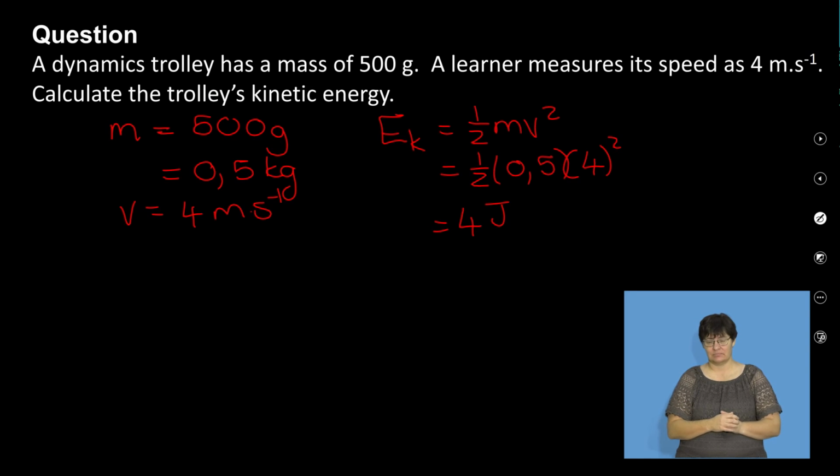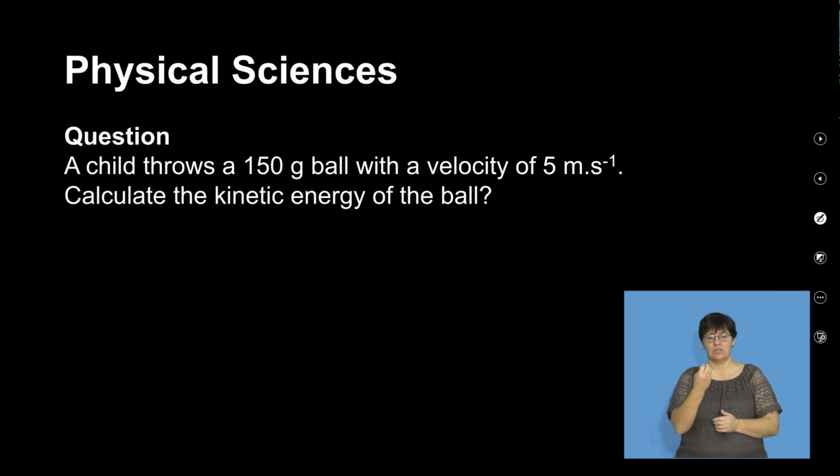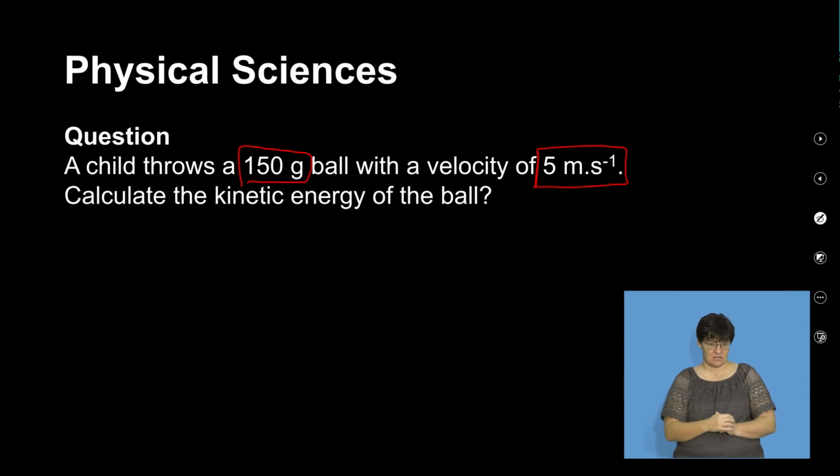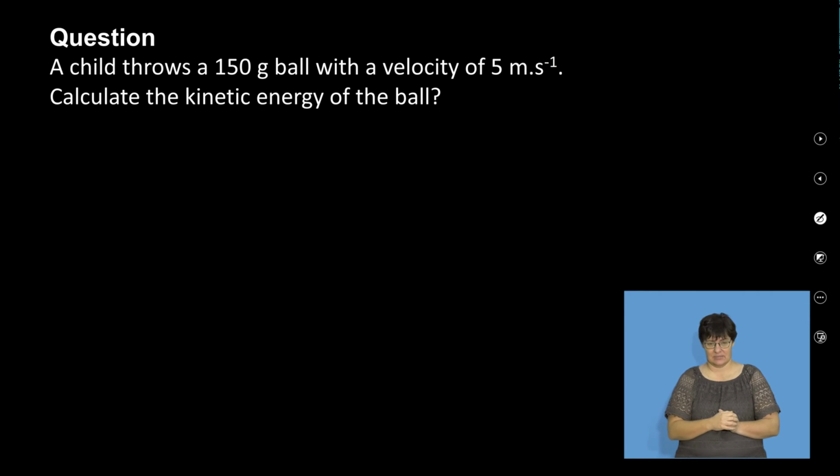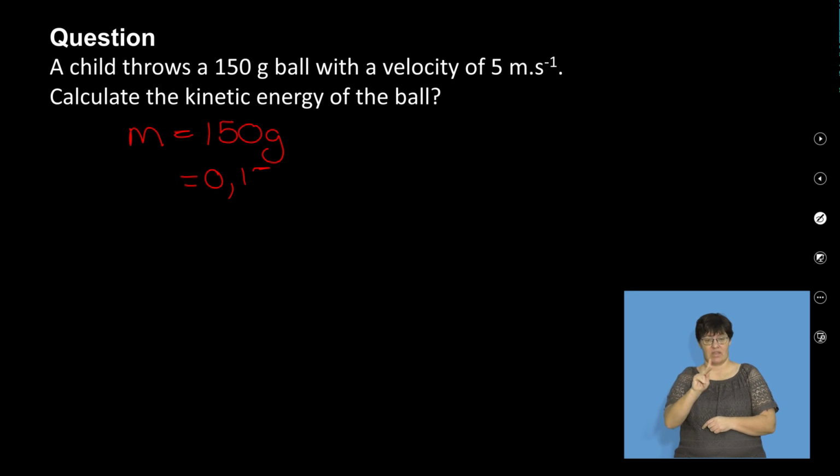So, next one. A child throws a 150-gram ball with a velocity of 5. That's quite fast. Okay, and we want kinetic energy. Alrighty, so we do the same thing. Mass, 150 grams, 0.15 kilograms.